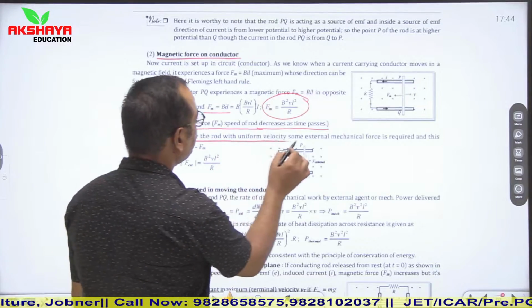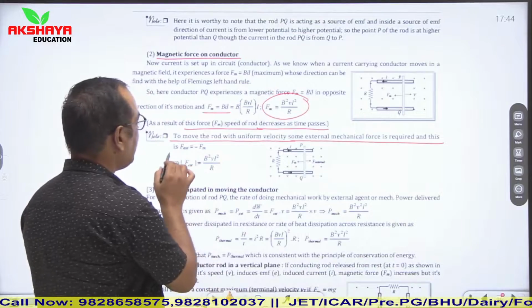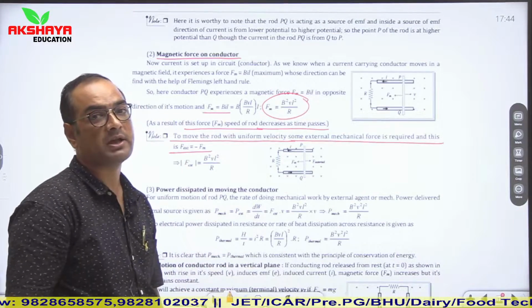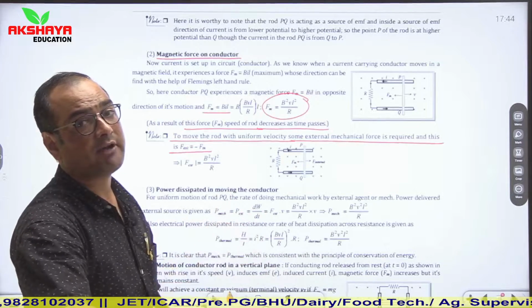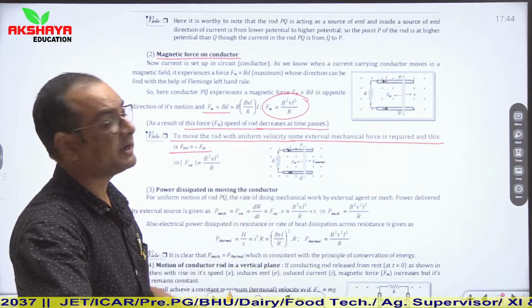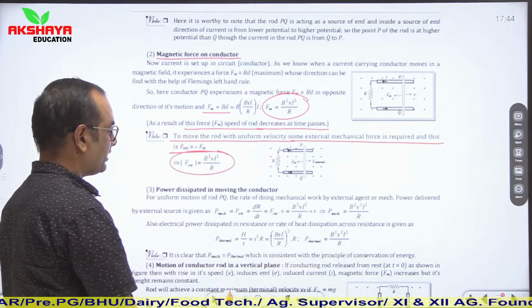To move the rod with uniform velocity, some external mechanical force is required, and this F external is equal to minus of Fm. So this external force is equal to the negative of Fm, meaning it is in the opposite direction of the magnetic force, while the magnitude is the same.